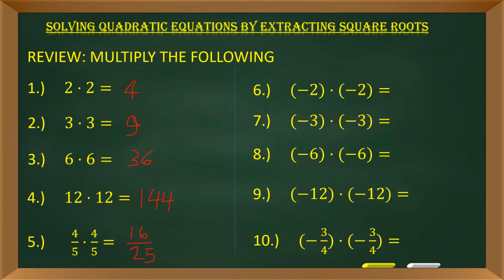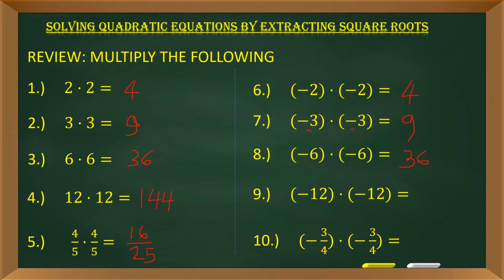On the other side, negative 2 times negative 2 here, positive 4 pa rin because negative times negative is positive. Negative 3 here times negative 3, that is positive 9. Negative 6 times negative 6, that's positive 36.